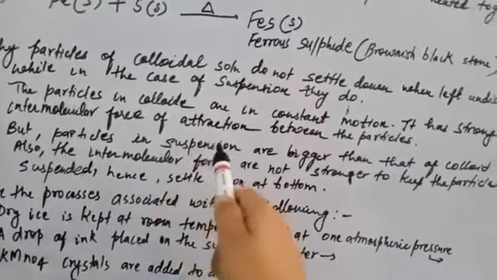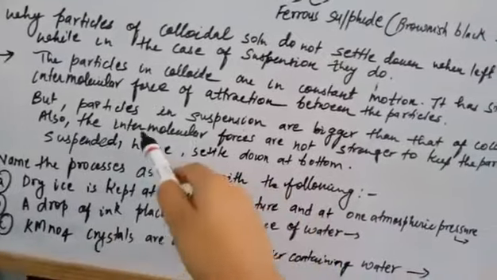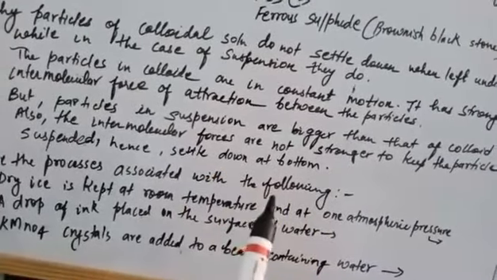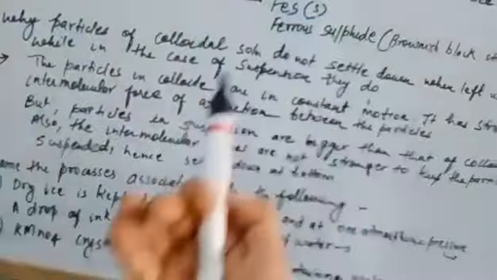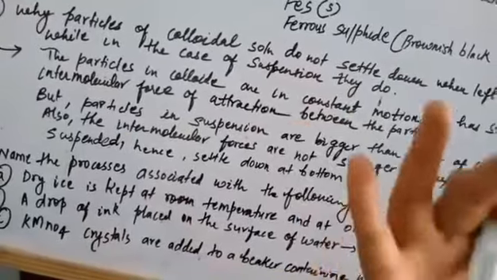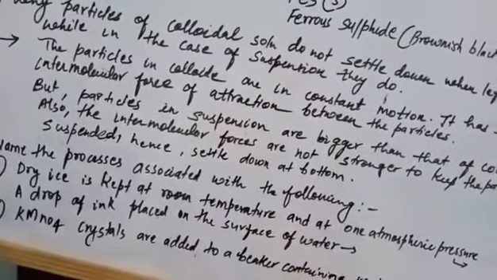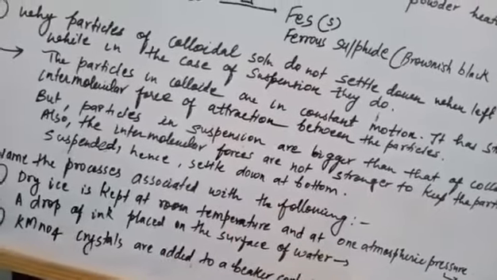But particles in a suspension are bigger than those of a colloid, and the intermolecular forces between the suspended particles are not strong enough to keep them spread and continuously moving in the space of the solution.